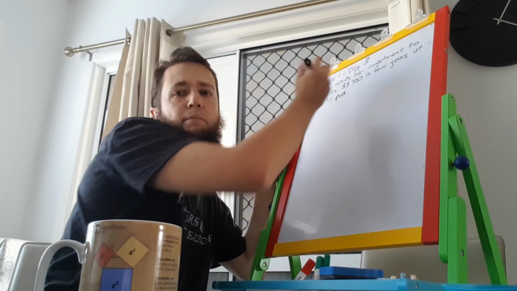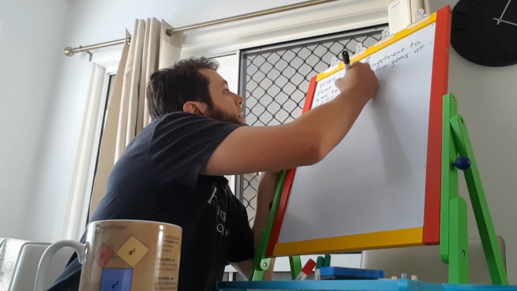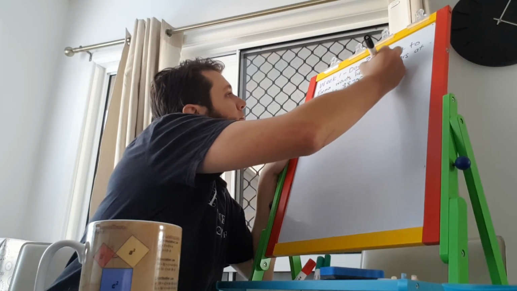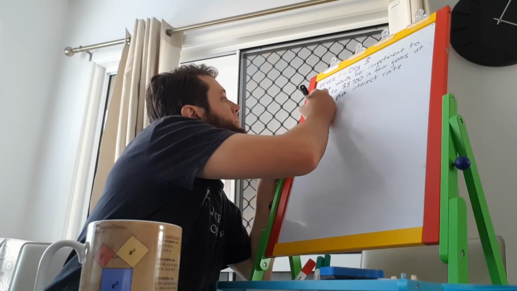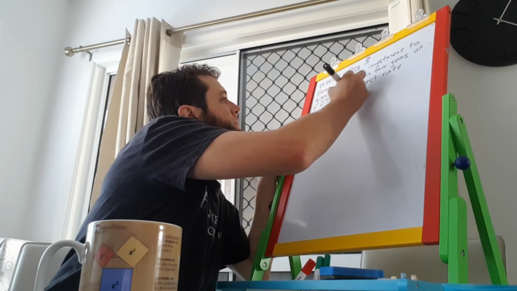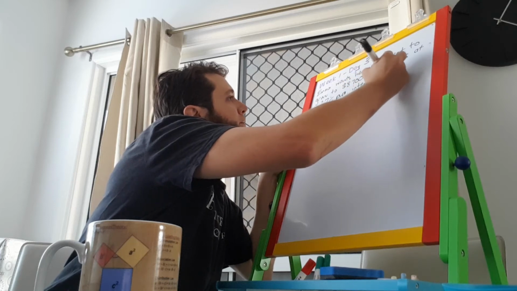It's always per year anyway if it's not stated. Interest rate compounding quarterly. How much does she need to invest?